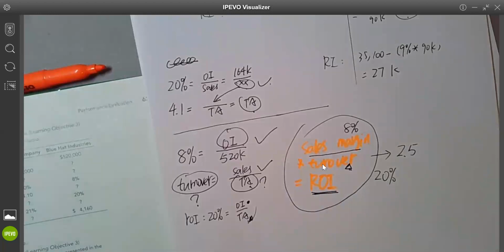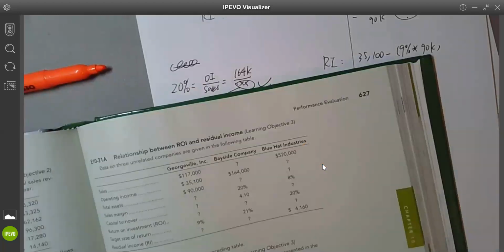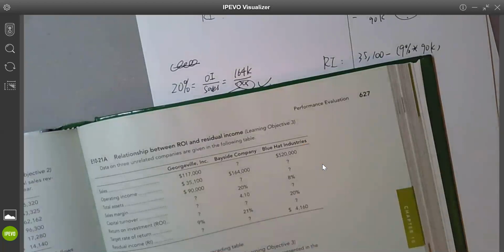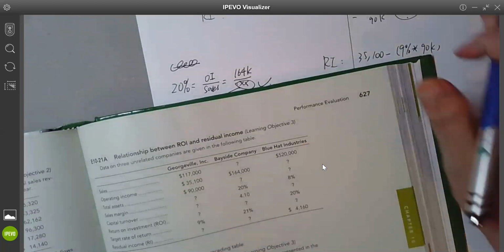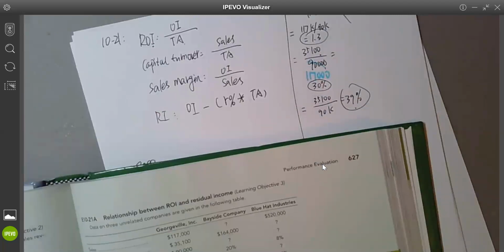Make sure you practice and figure out all the relationships, so when I say, hey, fill in the missing information, you can get it quickly and accurately. Don't make the mistake like I did. Be careful.